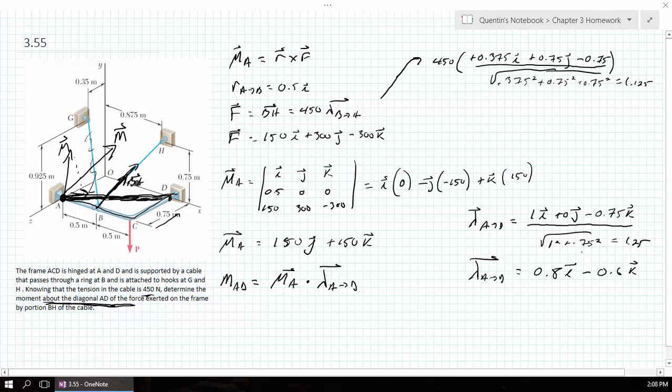Okay, so then now I take my moment vector and I dot it against this right here.